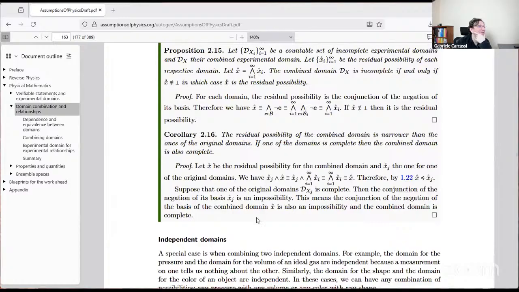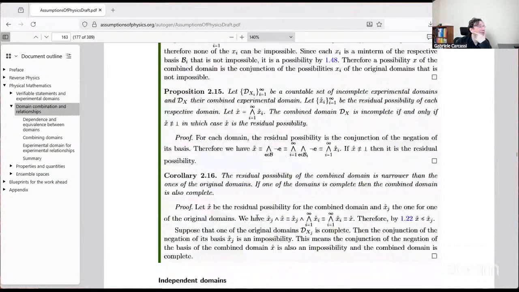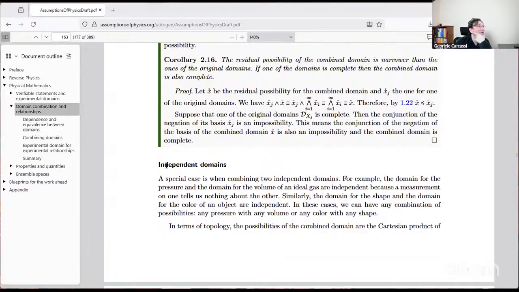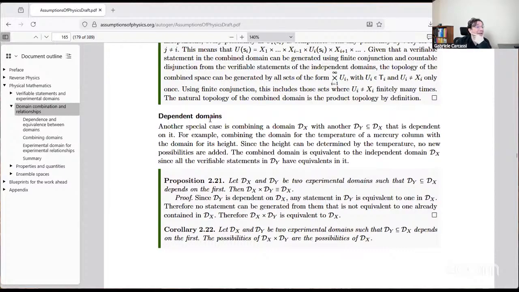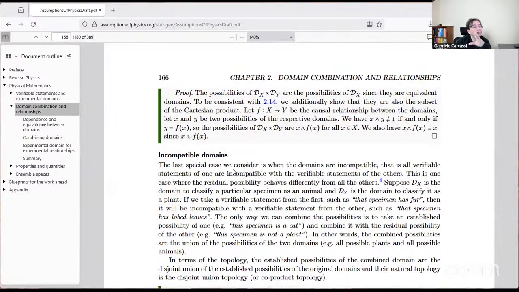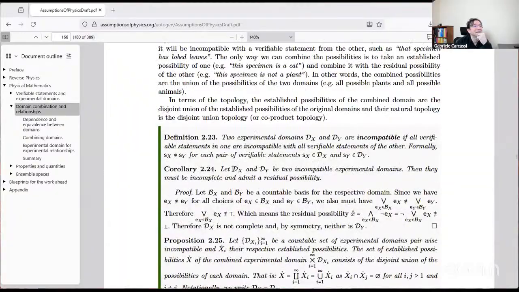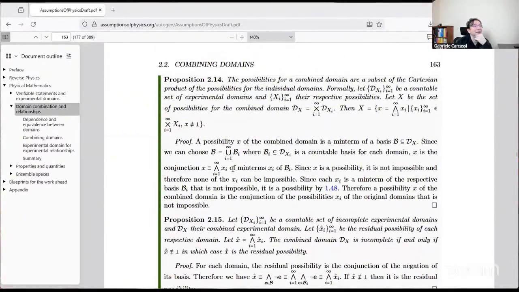So since we are basically 5 minutes to 10, we're gonna stop, and next time we basically see the three cases where you have domains that are independent, where you have domains that are dependent, and when you have domains that are incompatible, and then you see the different cases that you can have and how the possibilities you can combine.